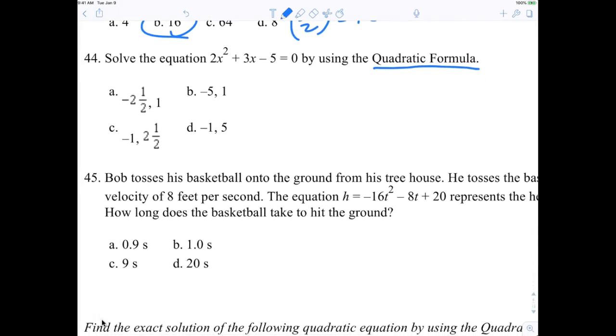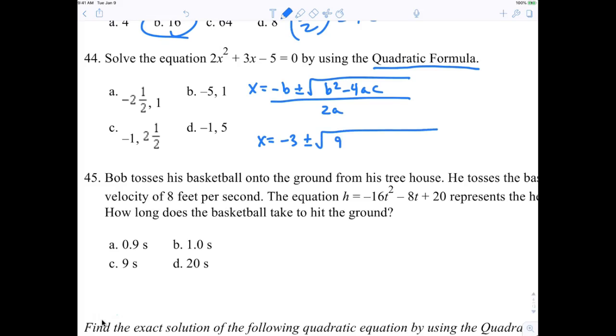All right? So now remember, everybody write down x equals -b plus or minus the square root b squared minus 4ac all over 2a. Everybody agree with that? Any questions? So now we plug in. So x equals -3 plus or minus the square root 9 minus 4 times 2 times -5 all over 4.